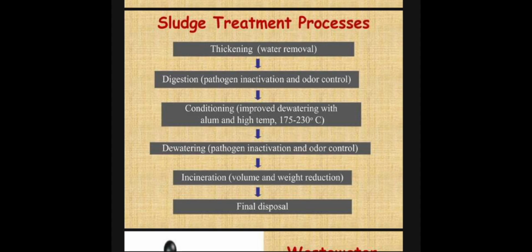After the decomposition, the sludge will be spread on sludge beds, where excess water will be removed and evaporated, because after digestion and removal of water, the sludge becomes solid, like sand.